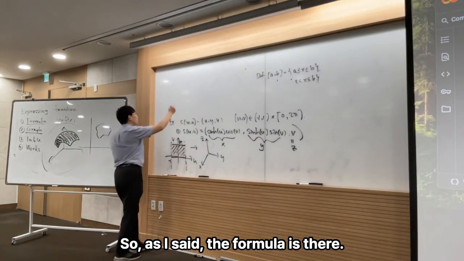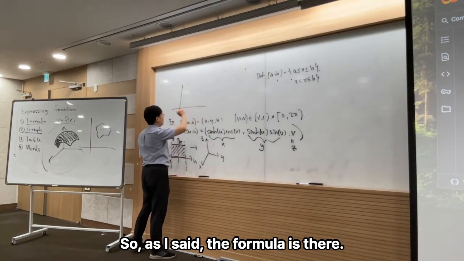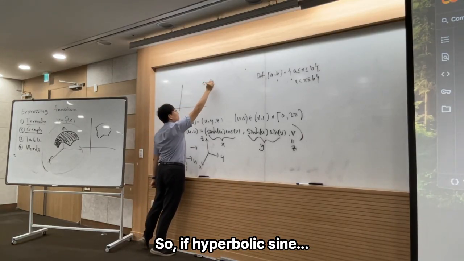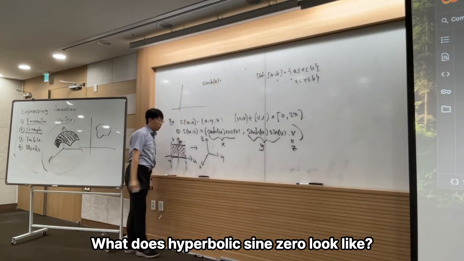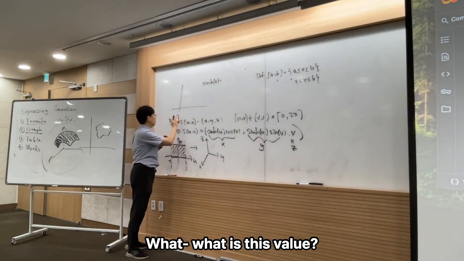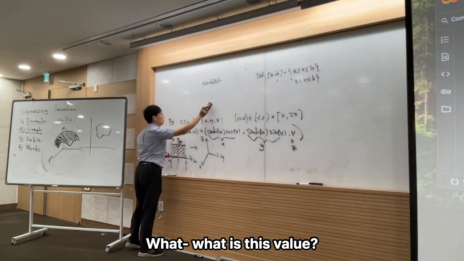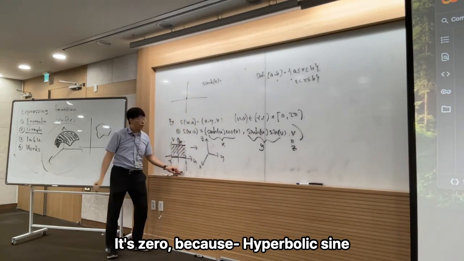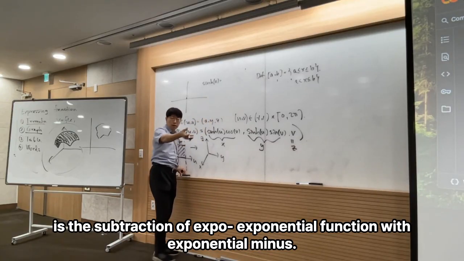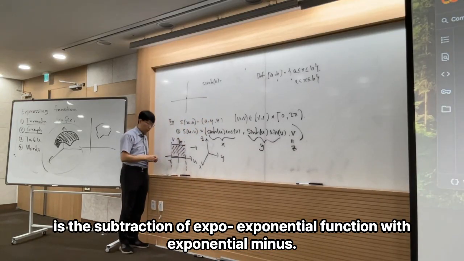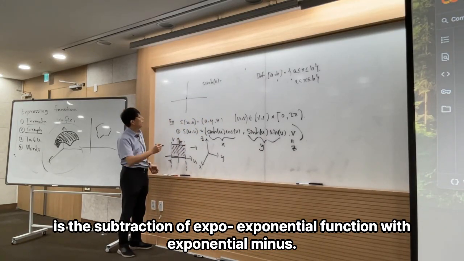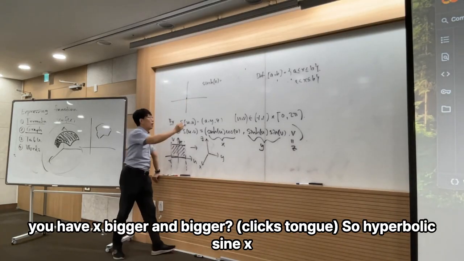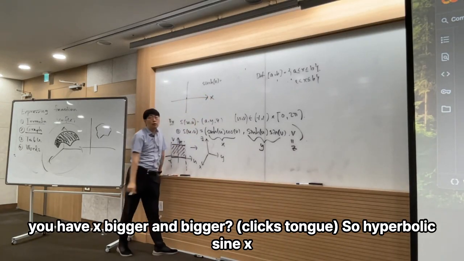As I said, the formula is there. What is hyperbolic sine of 0? It's 0, because hyperbolic sine is the subtraction of the exponential function with the exponential of the negative. So you have 0, and what happens when x gets bigger and bigger?